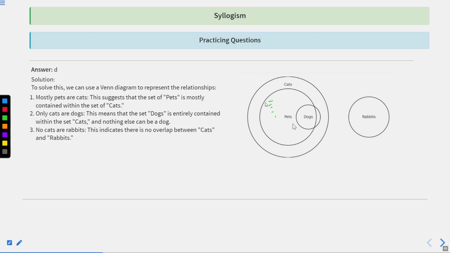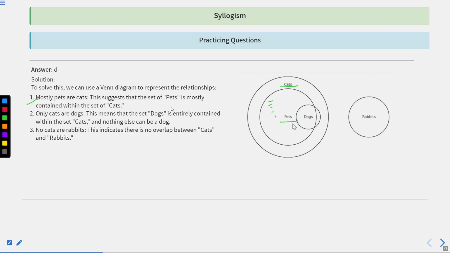Only cats are dogs. So the dogs are inside the circle. No cat is a rabbit. Okay. So this is pets, which is inside the cats, because mostly pets are cats. The diagram showcases that majority of the portion.